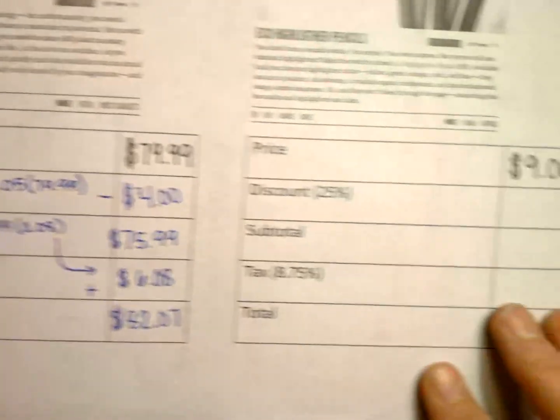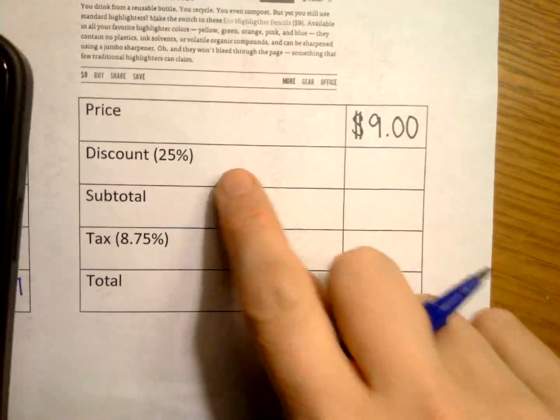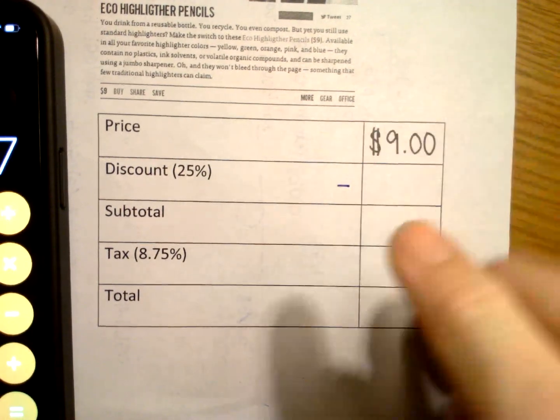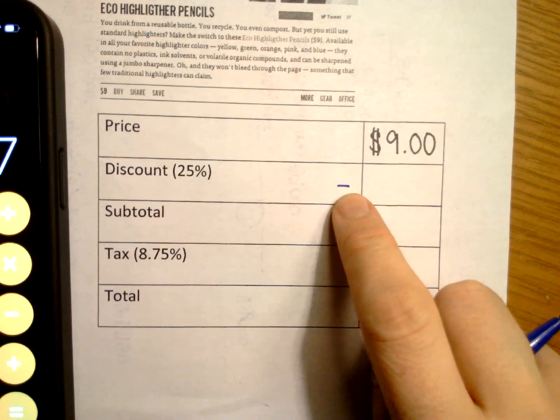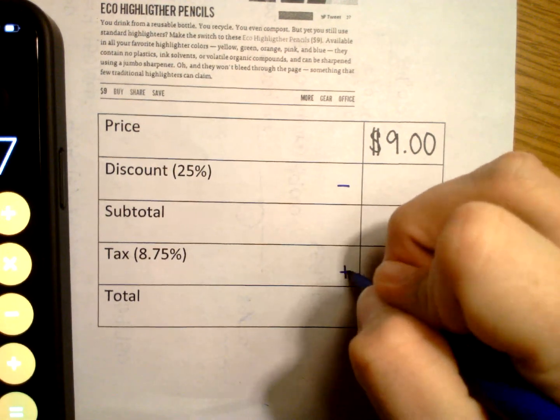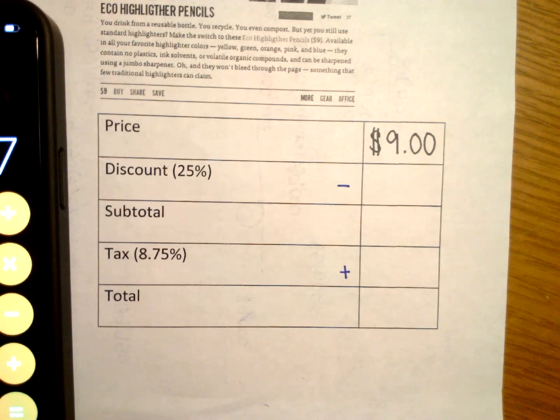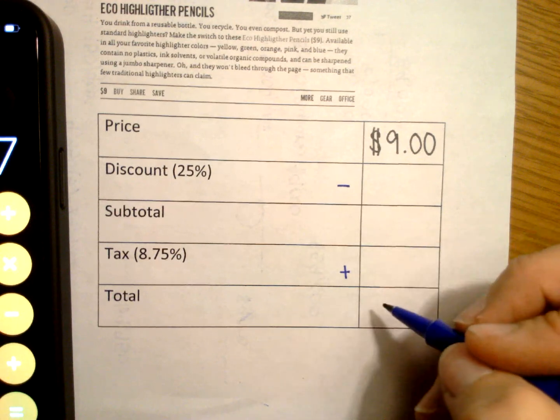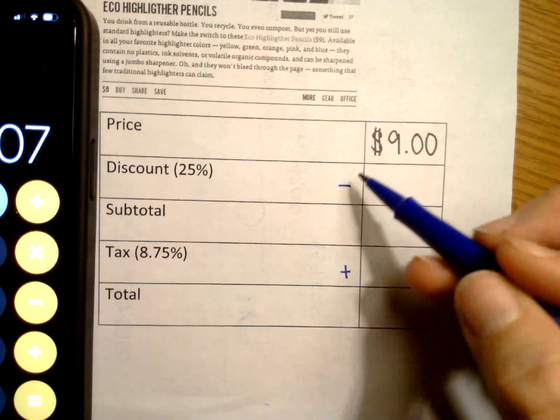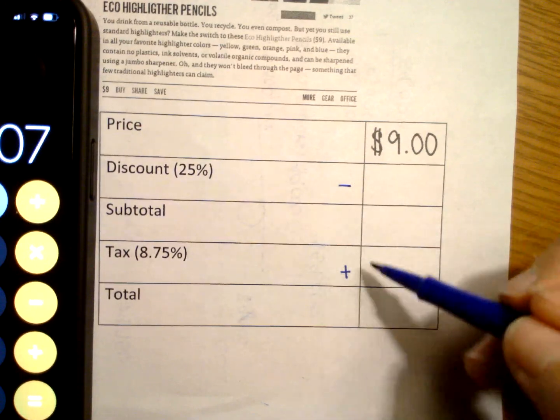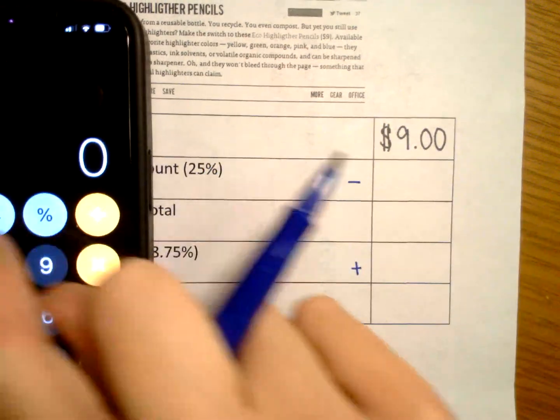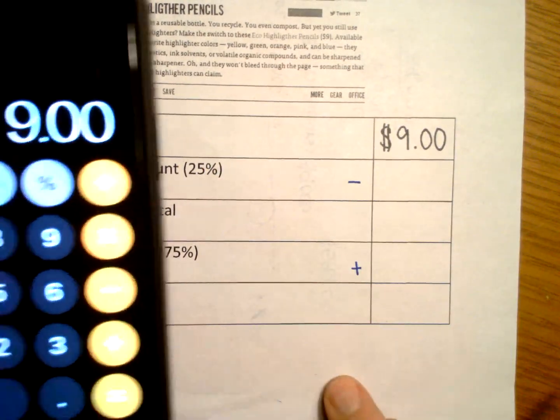Okay. Try it again here. This time I have a bigger discount. Just a reminder, if I have a discount, I am subtracting it to find my subtotal, and then I have to add my tax to find my actual total. Usually discounts are applied before our subtotal, so then we're taxed off the amount that we're paying. So I have $9.